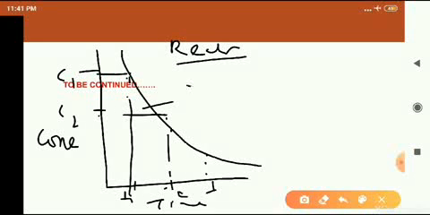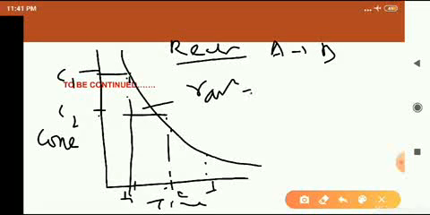This gives us the average rate of the reaction, which is equivalent to, in case of a reaction A gives B, the change in concentration of A by change in time.